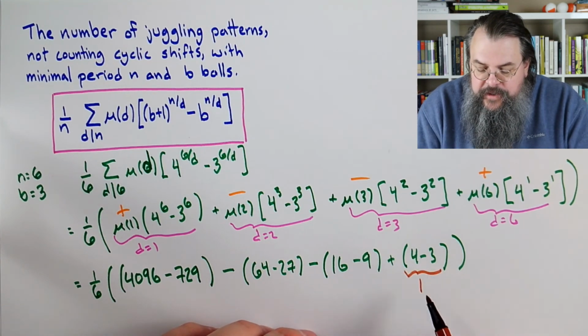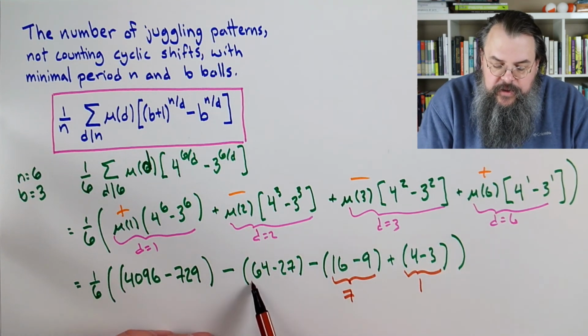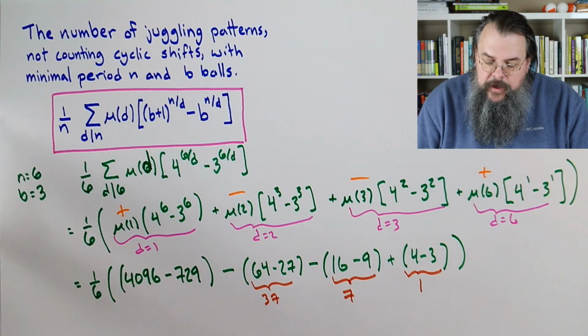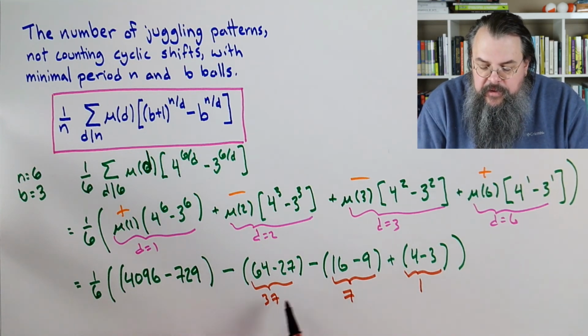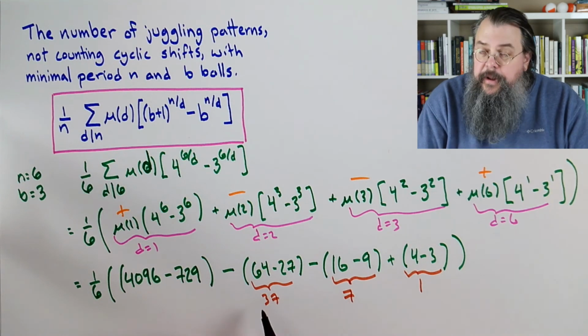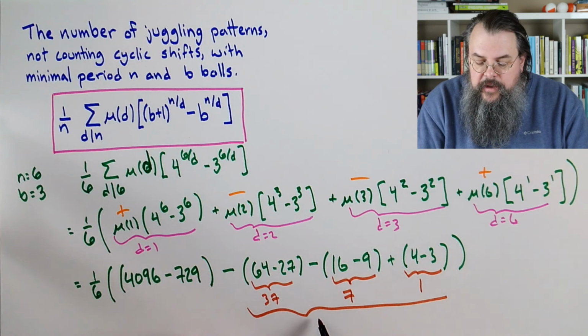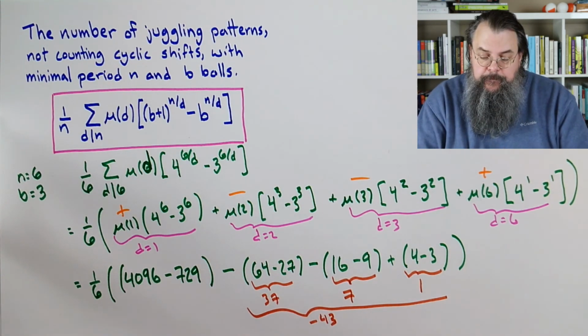So 4 minus 3, that's not so bad. 16 minus 9, 7. 64 minus 27, 37. So what do we have here? 37 and 7 makes 44. And that's being subtracted plus 1. So all of this becomes a net 43 being subtracted.